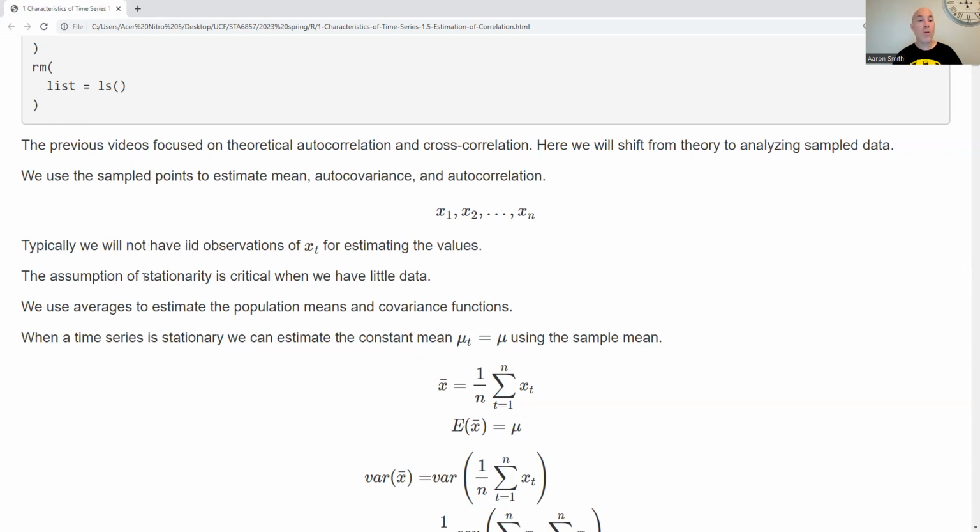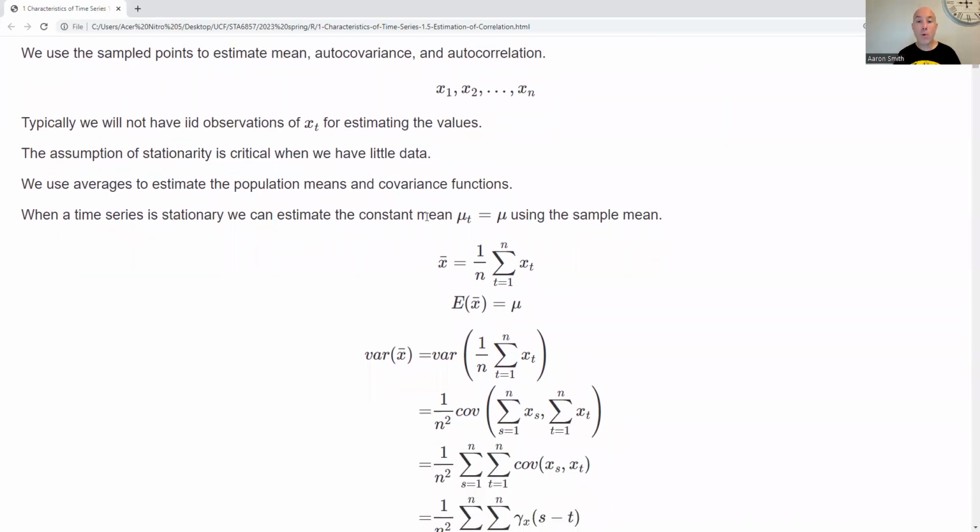So what we're going to do is make the assumption that we have stationary data, and then we're going to move forward. If I have this as an assumption, then I'll be able to make estimations on means and covariance. If it looks like from my data I don't have stationary data, then I need to use other techniques.